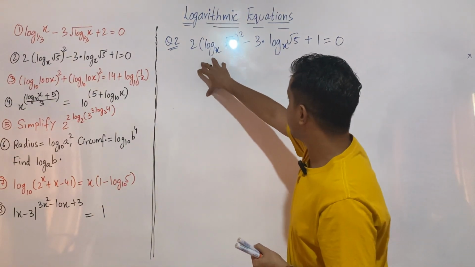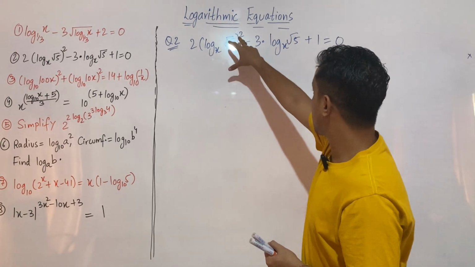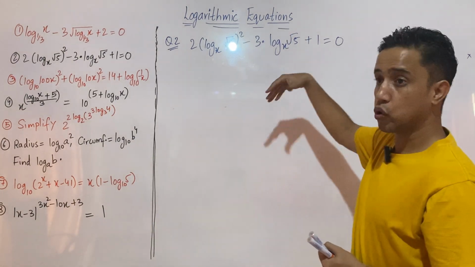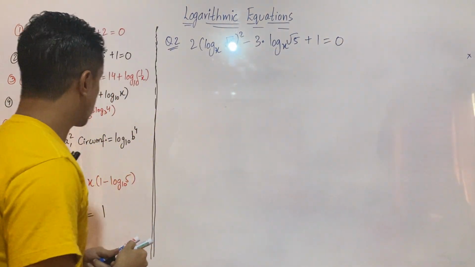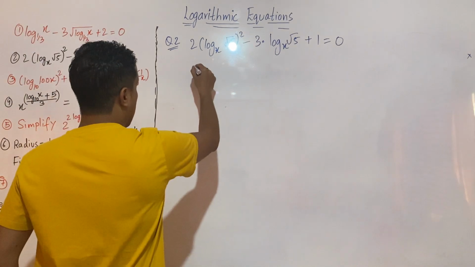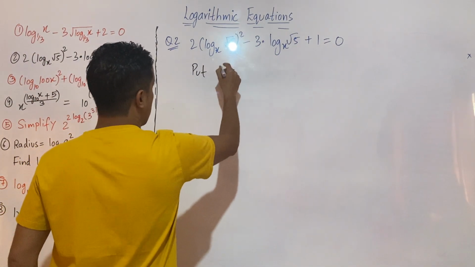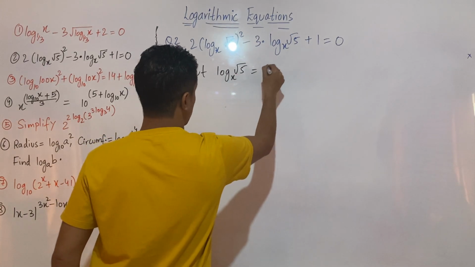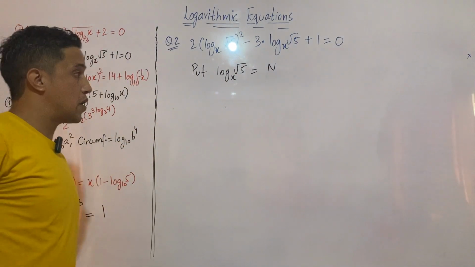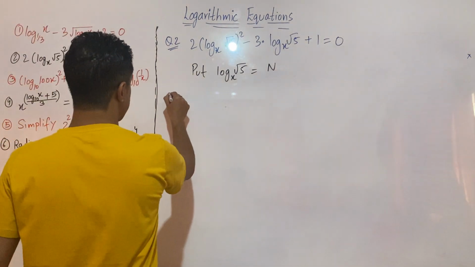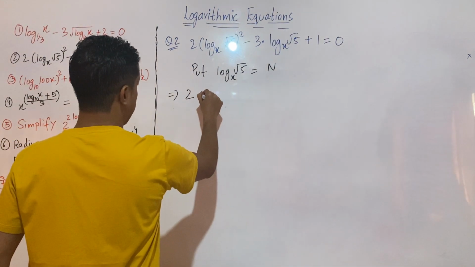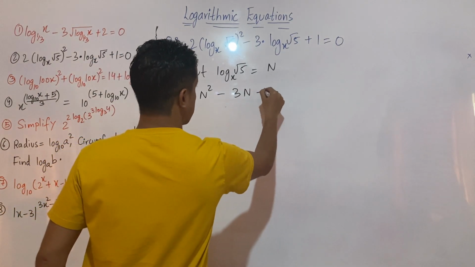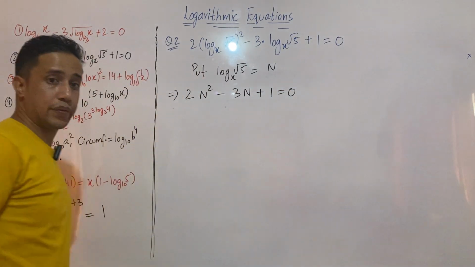Why? Because it's going to be, for example, 2n squared minus 3n plus 1 equal to 0. So it means we get a quadratic, right? So here I can say put log root 5 base x equals n, right? Which implies 2n squared minus 3n plus 1 equal to 0, right?